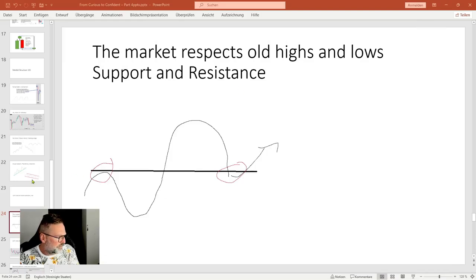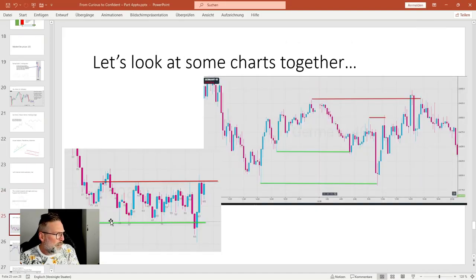So let's look at some charts together. Here is the trading range that we have seen on the live chart. You see down here support, up here resistance. And maybe you have heard somebody say buy low and sell high.